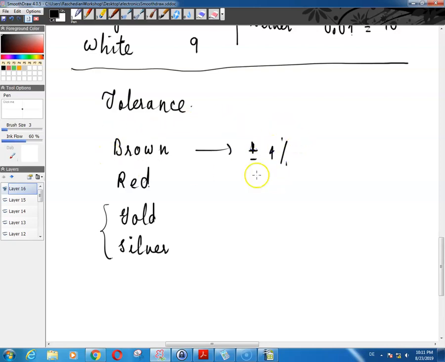So this is a 1% resistor, which is a very low tolerance, not what you usually have in your resistors. Or, for example, red refers to plus or minus 2%, which is usually not what you happen to have either.